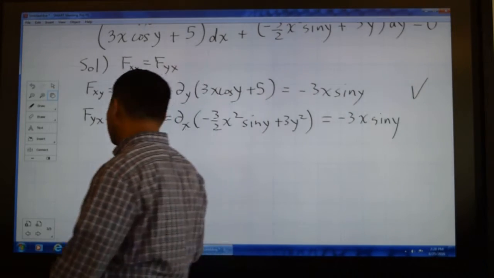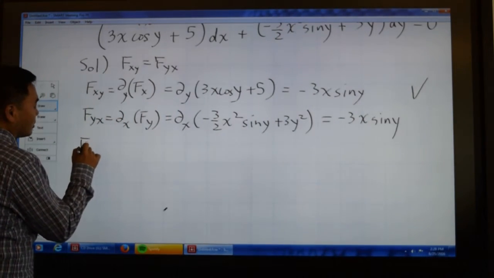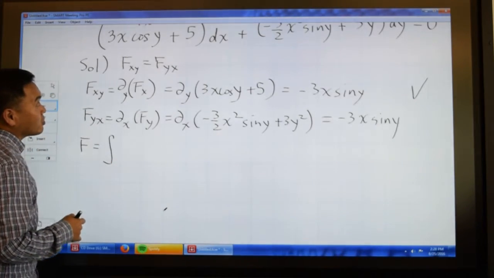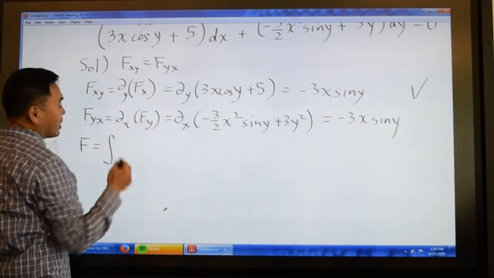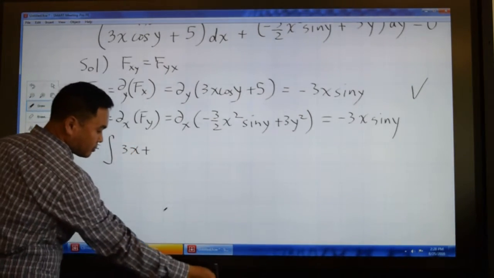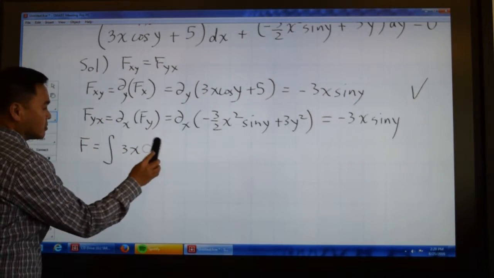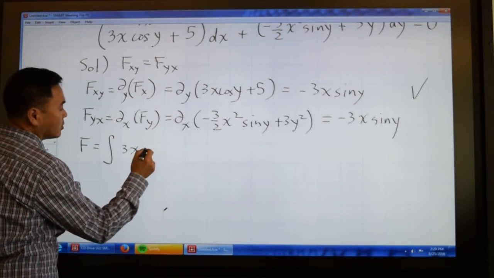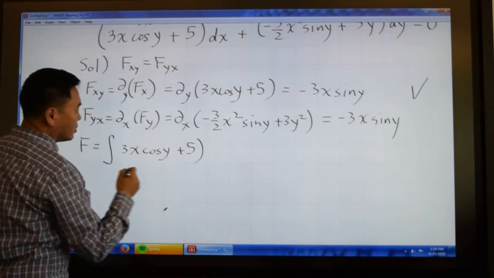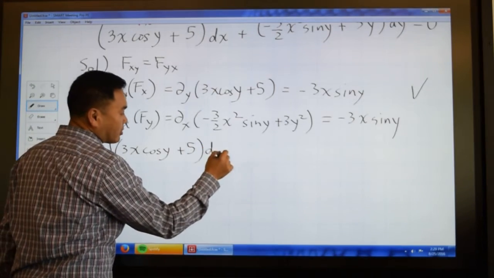Now let's attempt to find our f. The function f, therefore, should be taking the integral of what we perceive as f of x. We should integrate by dx.